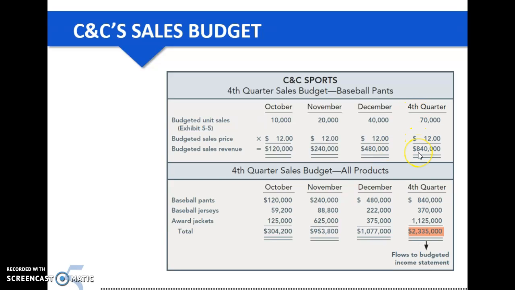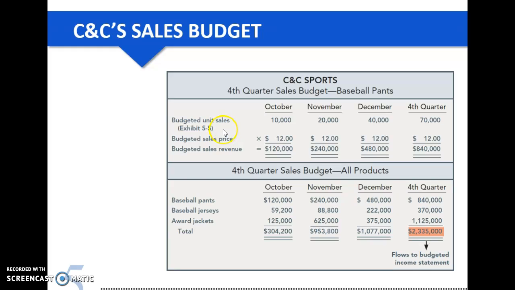And in the fourth quarter, you would be receiving a sales revenue of 840,000, which is the total of 120,000 plus 240,000 plus 480,000. So 840,000 should also match your total units sold when multiplied with the selling price.